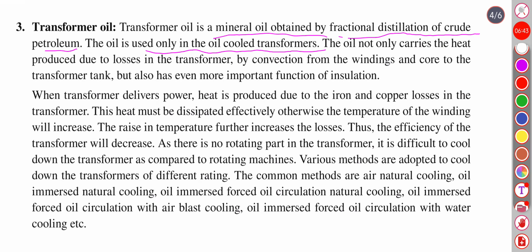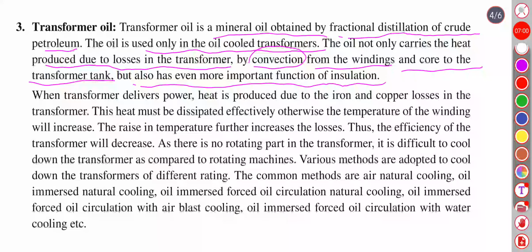The oil not only carries the heat produced due to losses in the transformer by convection from the windings and the core to the transformer tank, but also has even more important function of insulation. It also works as insulator.